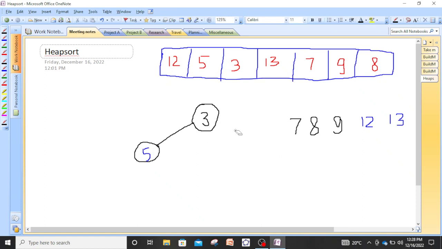This time you see you have a heap, and at the root you see 3 and its children. Its only child is 5, and you see that the value at the root is smaller. So obviously, as usual, there will be an interchange in this direction. So 3 and 5 will be interchanged.